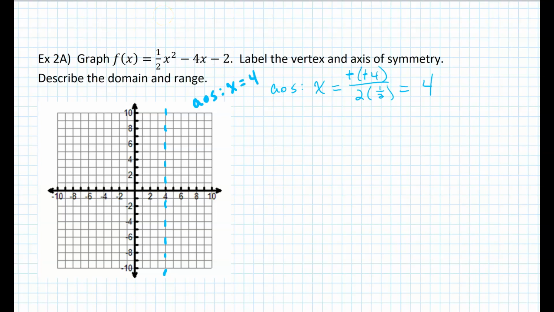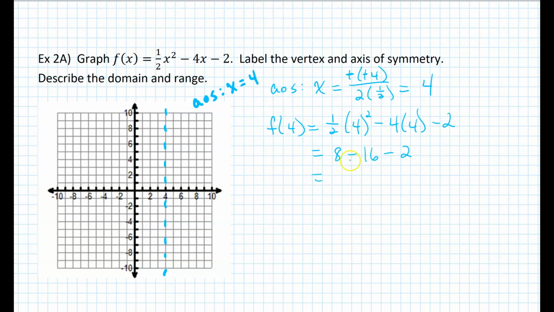Alrighty, so we've got our axis of symmetry, and what can I find from that? The vertex. So I'm going to plug 4 in. So f of 4 is equal to 1/2 times 4 squared minus 4 times 4 minus 2. Okay, so I get 4 squared is 16 divided by 2 is 8, minus 16, minus 2.